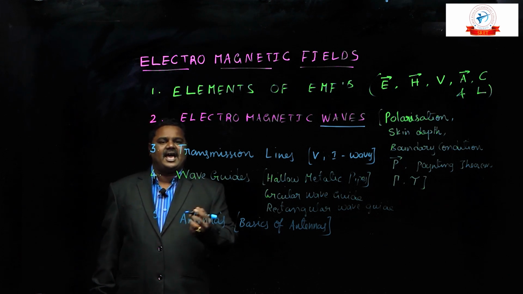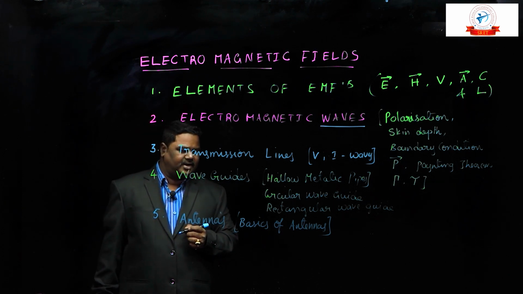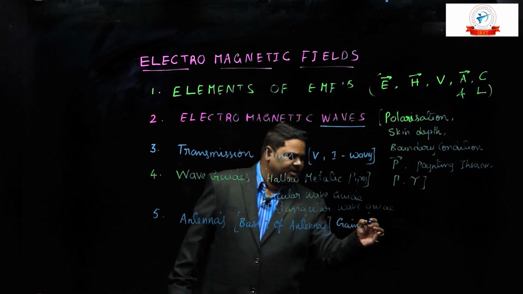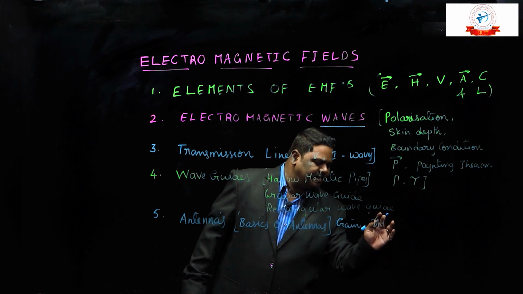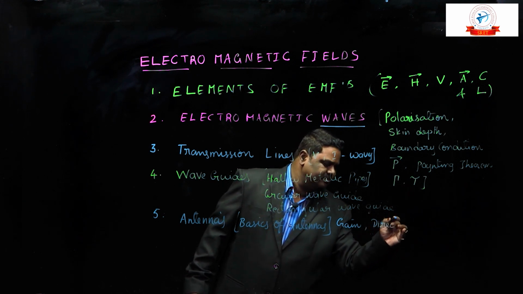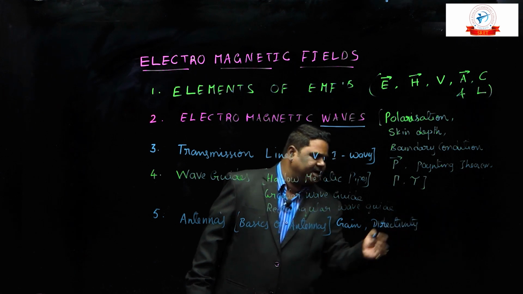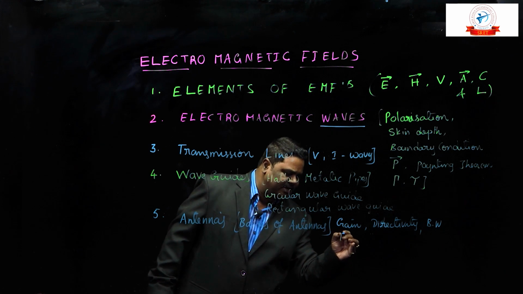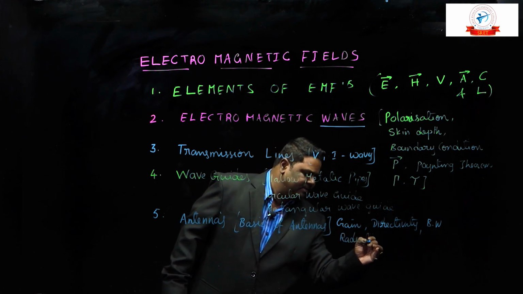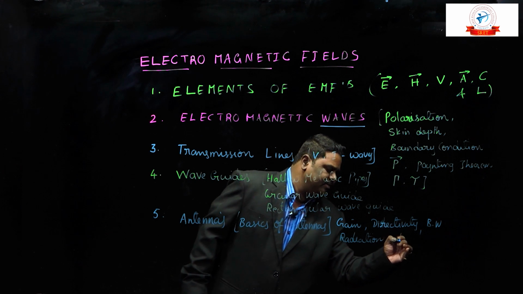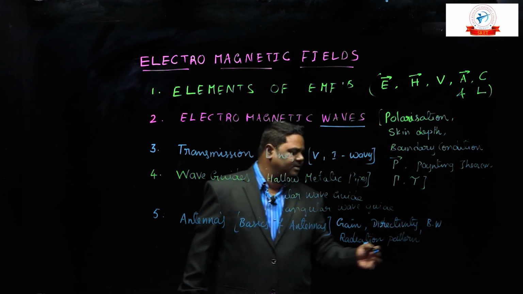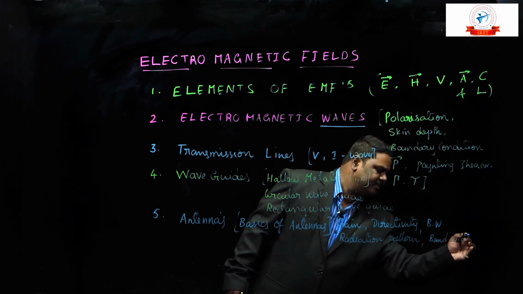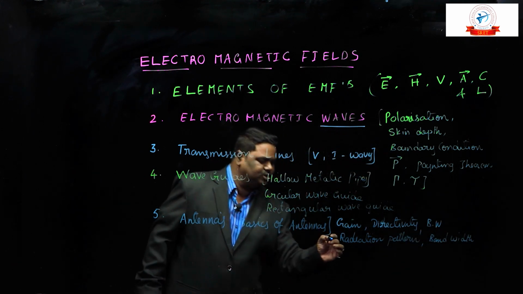After that we will see the calculation of the parameters of antennas, that means what is meant by the gain of the antenna, what is meant by the directivity of the antenna, what is meant by beam width, what the radiation pattern is, and what is meant by the bandwidth of the antenna, and so on.